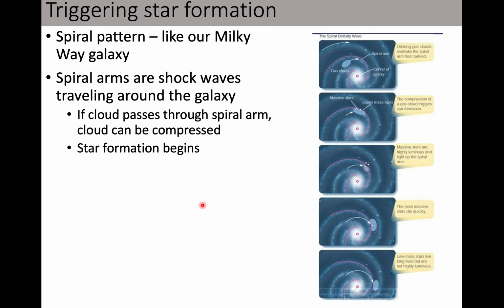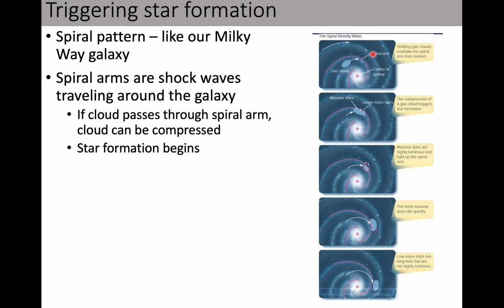Another way that star formation can be triggered is within galaxies. So within a galaxy that has a spiral pattern similar to ours. Our Milky Way galaxy looks something like this. It's a spiral pattern. It's rotating, and the spiral arms on the galaxy work sort of like shock waves that are traveling around and through the galaxy.